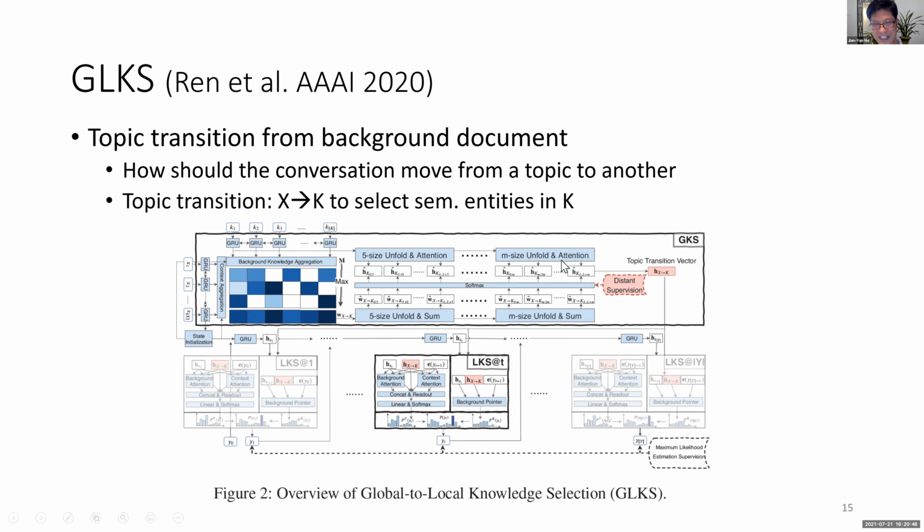So those are the transitions that are observed in the document. And from that, we will determine the topic transition vector that I can extract from the document. And that will be used to condition the generation of the response. Okay, so that's the second work.